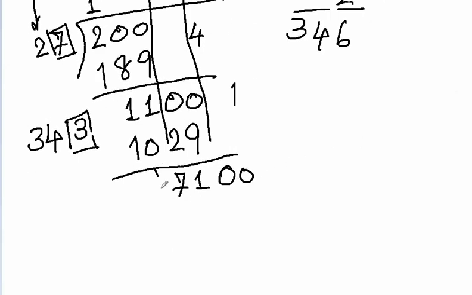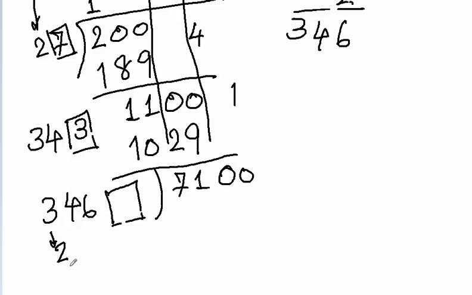Okay, I have to think of 346 and what number here. In this case I think, because 3 times 2 will become 6, that's close enough to 7, right? So in this case I think of 2. Okay, I will write down here 346.